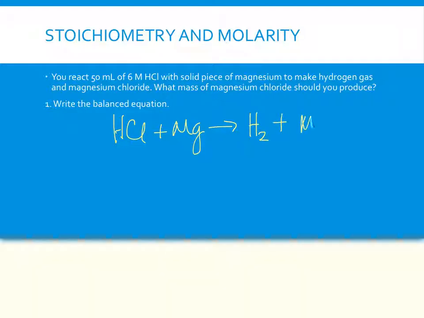Plus magnesium chloride, but this is an ionic compound, so we need to remember this is -1, this is +2, so I'm actually going to need 2 of those chlorines. And then lastly, to balance, hydrogen and chlorine have more on the product end. If I put a 2 out here, it balances.